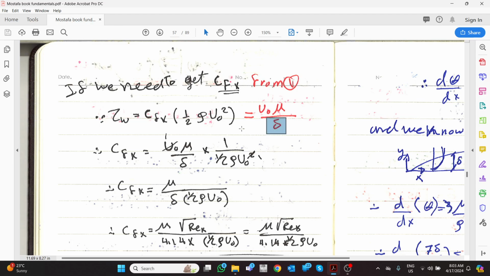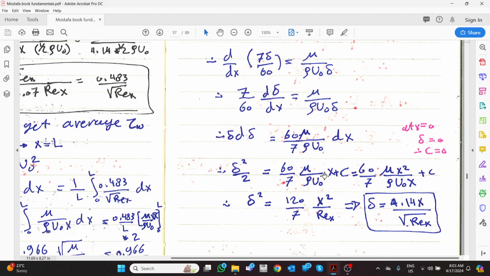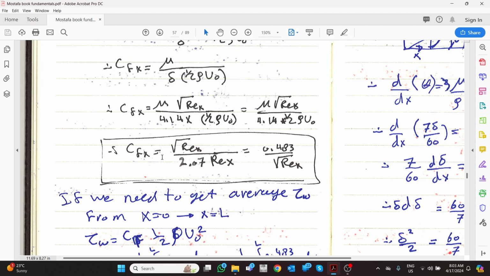So CFX is equal to mu divided by delta, multiplied by 1 over half rho u squared. With a small algebraic manipulation, CFX is equal to, remove delta and put it in respect of this equation. So you will get that CFX is equal to 0.483 over the square root of Rex.